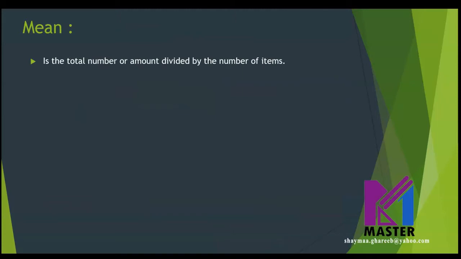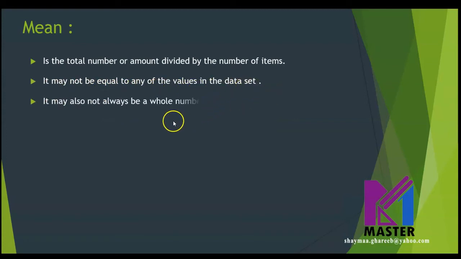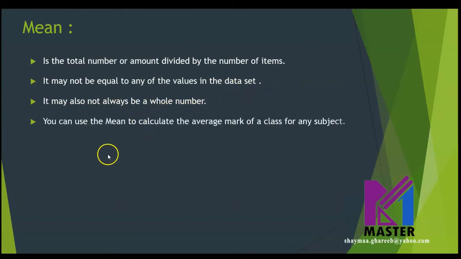The mean. The mean is the total amount divided by the number of items or the number of values. It may not be equal to any of the values in the data set. It may also not always be a whole number, so it could be a decimal number.